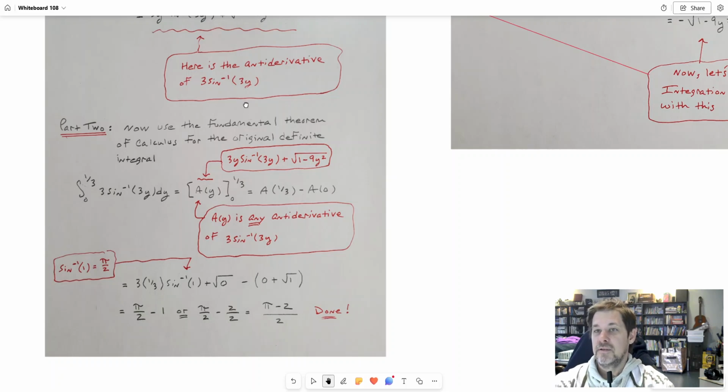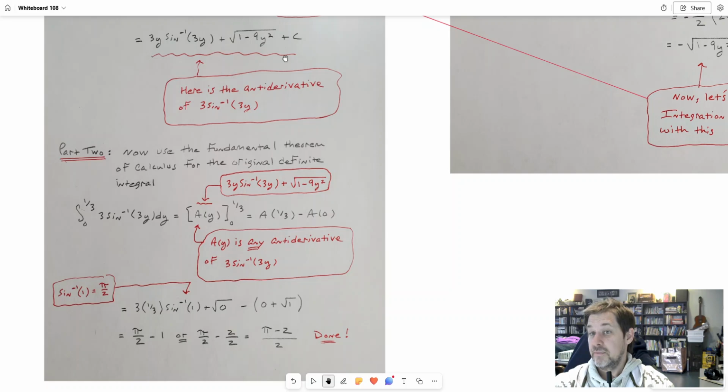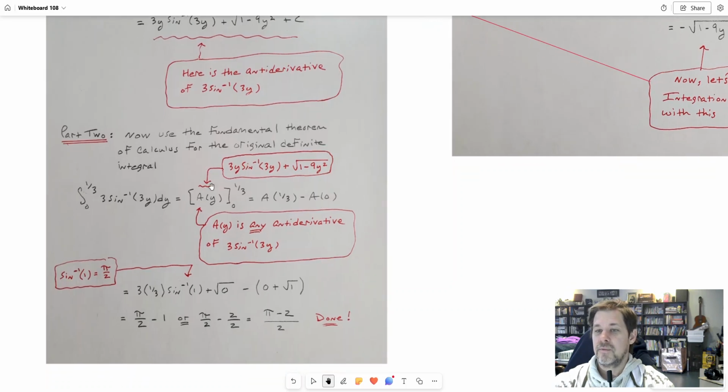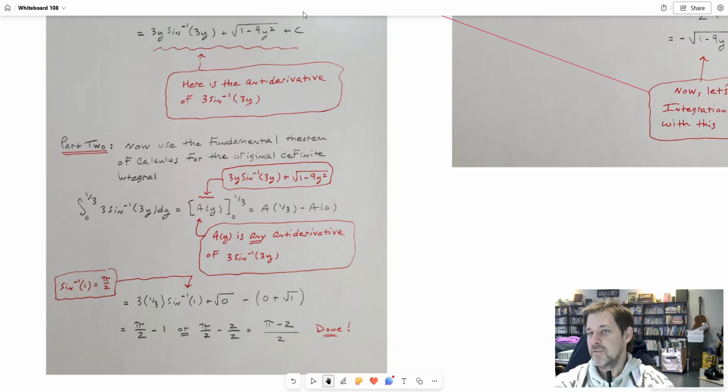So I found the general antiderivative. The plus c makes it general. But since the fundamental theorem says I can use any antiderivative, we never use the plus c when we do this in practice, okay? Because it offers us no help. So just drop the c. The antiderivative that you'll use is 3y sine inverse 3y plus root 1 minus 9y squared.